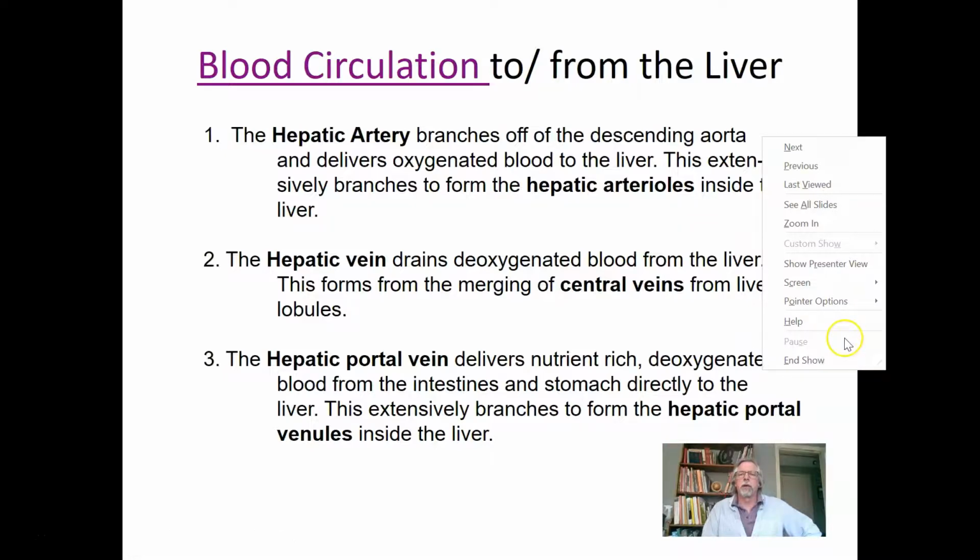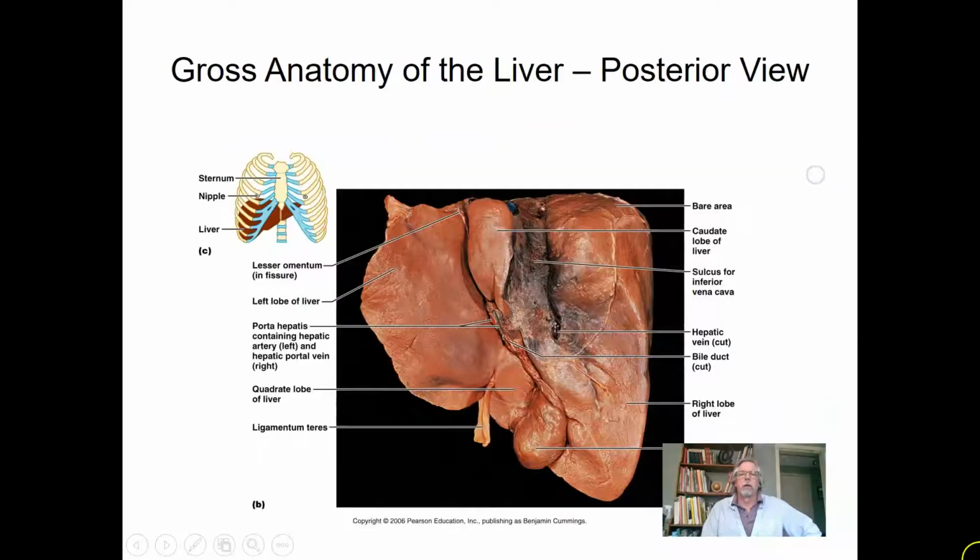Oops, sorry, let me go back. Gallbladder. And these are some of the ducts connecting the gallbladder to the liver. Another structure here is the porta hepatis. This is the entryway for gallbladder ducts and also blood vessels into the liver.